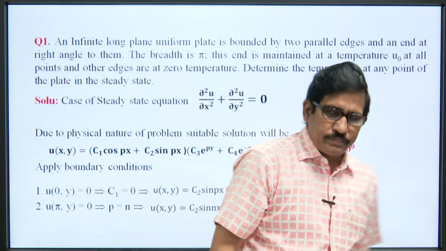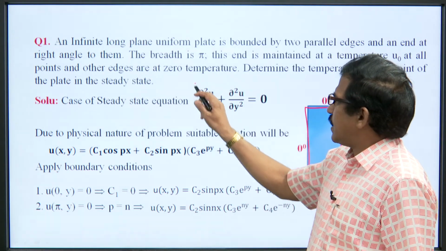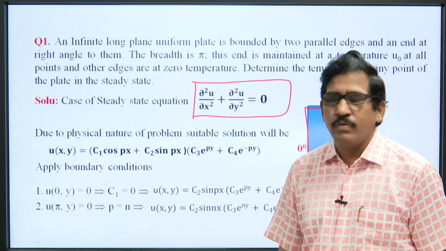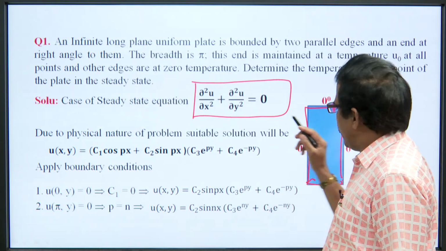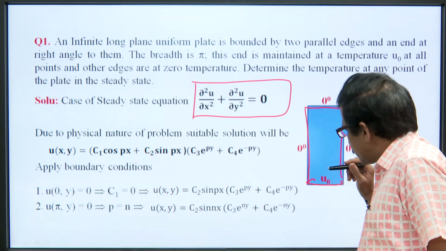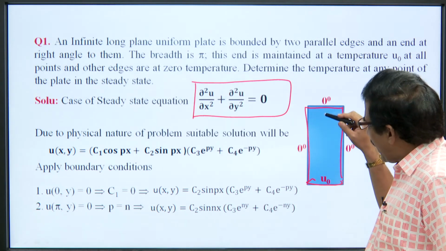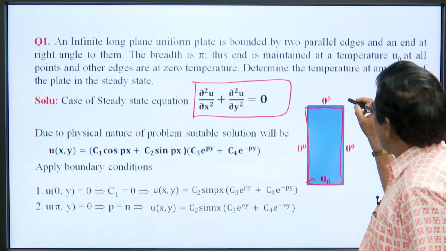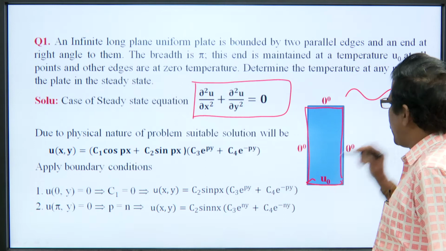Now, the physical system has a differential equation in this particular form. To solve this equation, we can see here that the decay of temperature along the y axis would not be trigonometrical, because trigonometrical means continuous up and down, up and down.